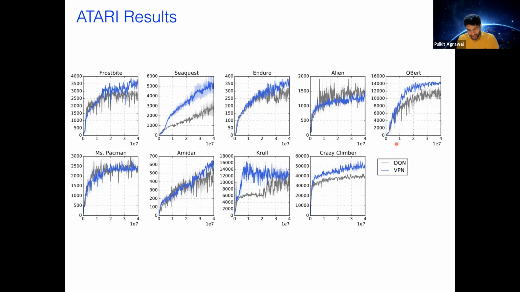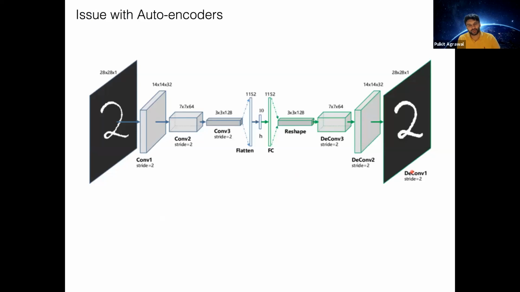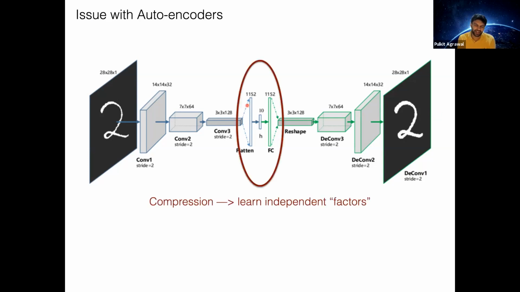So, okay, all well and good. But it turns out that there are issues with autoencoders also. Right? What is that issue? So I have this image, which I have a 10-dimensional bottleneck for, and I'm reconstructing the image back. Now, what I'm hoping is that by compressing, I'm able to learn these independent factors, or some good features about images.